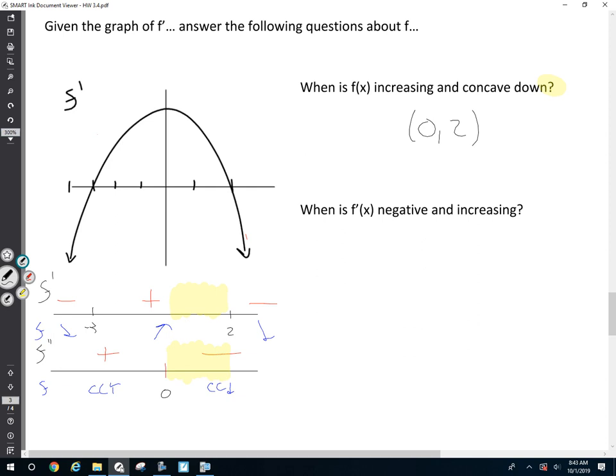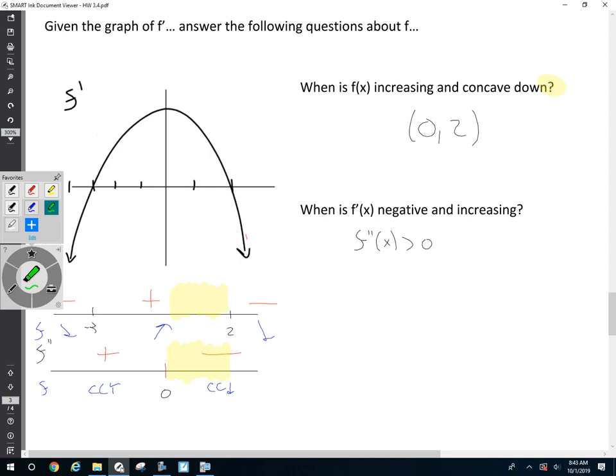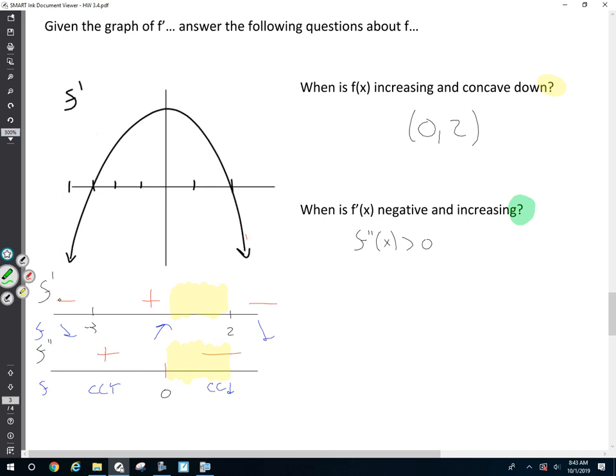Now, when is f prime negative and increasing? F prime is increasing when its derivative is positive. So when is f prime negative and f double prime positive? F prime negative, f double prime positive here. And that's it. Negative infinity to negative 3.